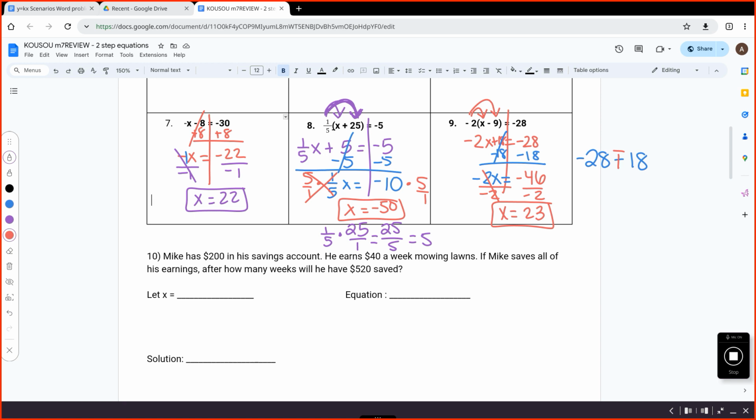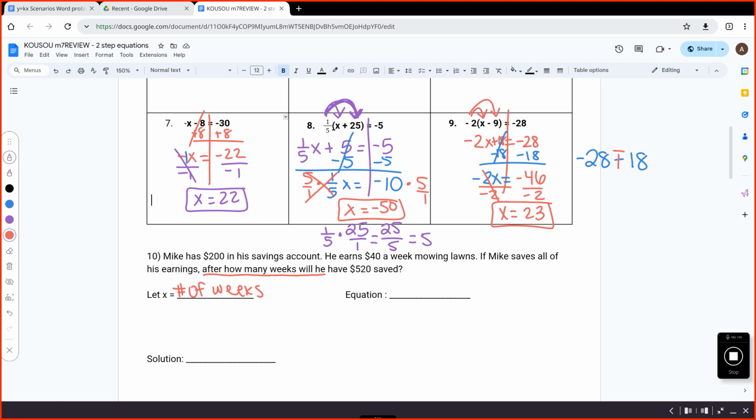All right, Mike has $200 in a savings account. He earns $40 a week mowing lawns. If Mike saves all of his earnings, after how many weeks will he have $520 saved? So we are looking for, first start off with let x equal. It says here, after how many weeks will he have $520 saved? So we are going to let x equal the number of weeks because that is what we are looking for.